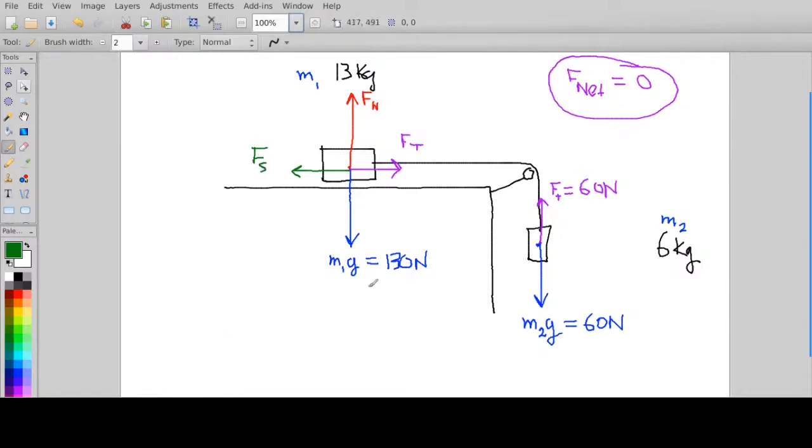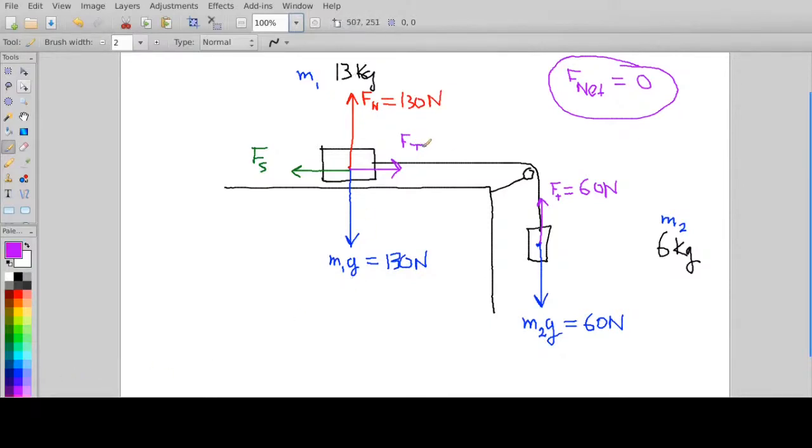Let's see if we can add any numbers to the normal force, the tension, and static friction. The normal force has to cancel gravity down, and so that's going to be 130 newtons. Remember, the net force is 0 every which way, so the forces up and down have to cancel.